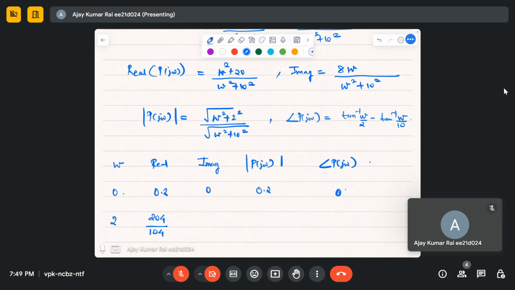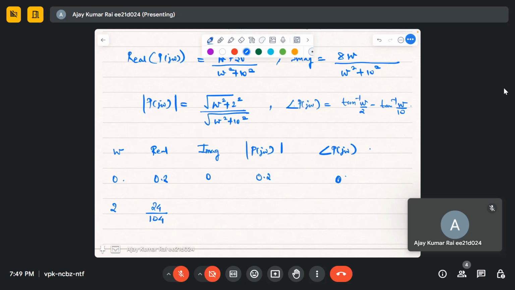So the numerator is 20 plus 4, and the denominator is 10 square, which is 100, plus 4 square, which is 4. So 24 divided by 104. So you'll get 0.23. Correct?